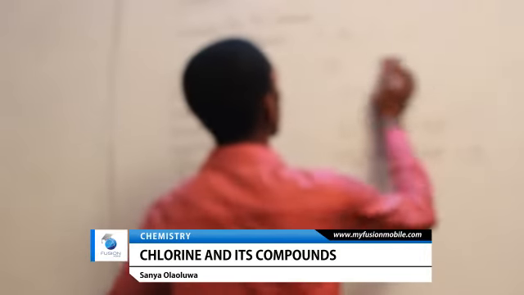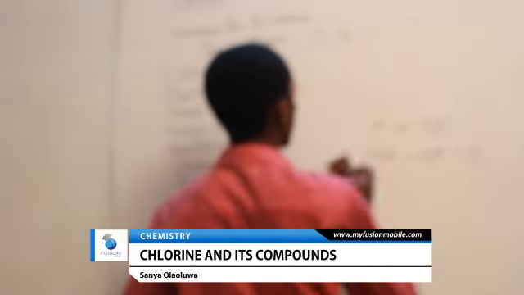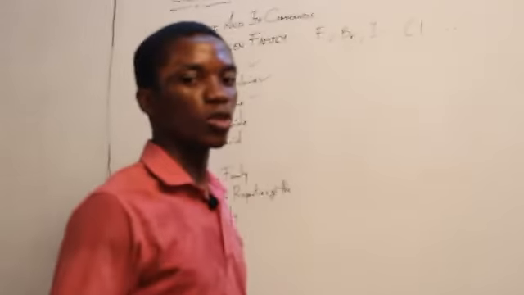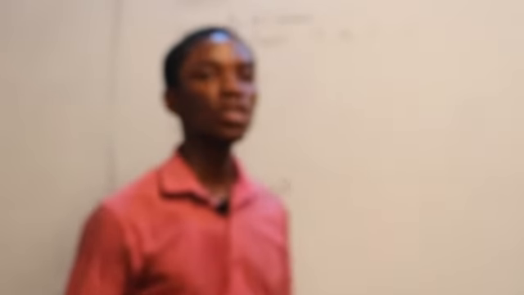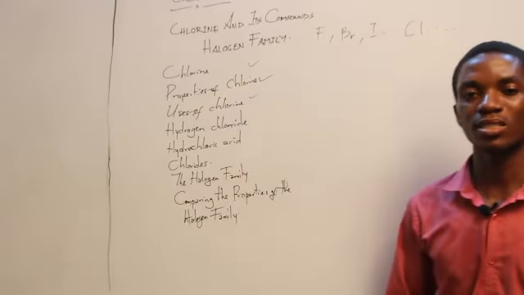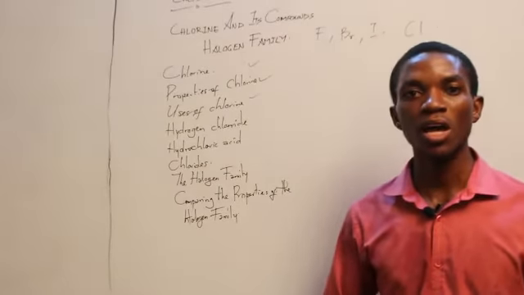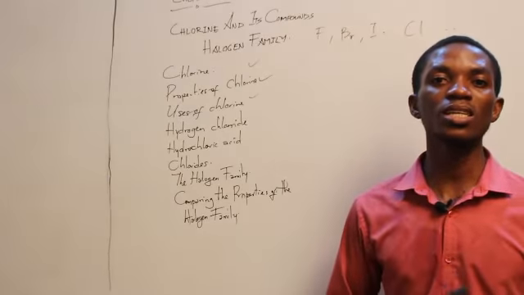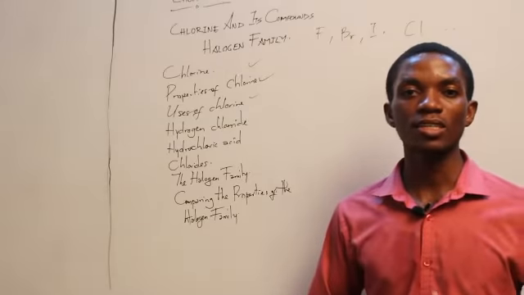Okay, let's quickly talk about bromine and iodine. Bromine and iodine happen to also be members of the group 7 family. That's the halogen family, and they also are colored substances. Bromine exists naturally in a liquid form as reddish brown, and iodine exists naturally in the solid form as a black solid.